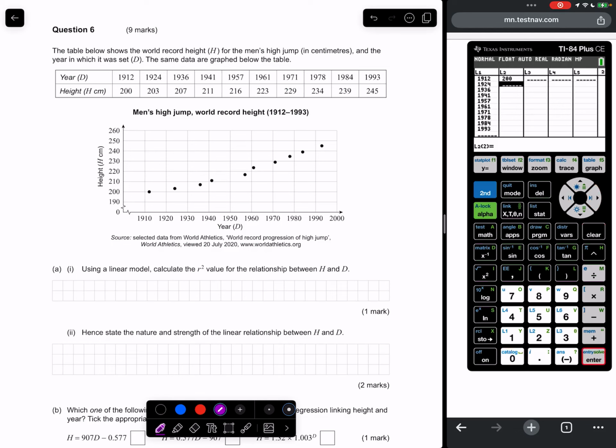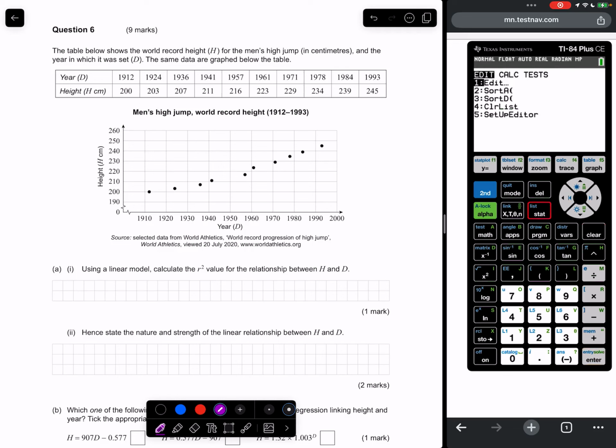L2: 200, 203, 207, 211, 216, 223, 229, 234, 239, 245.